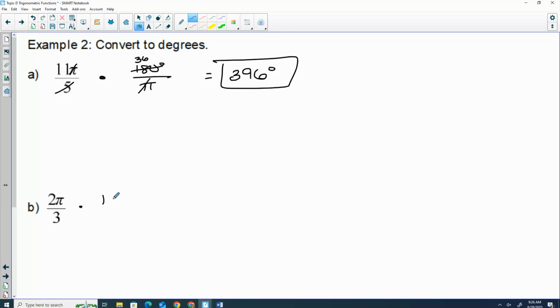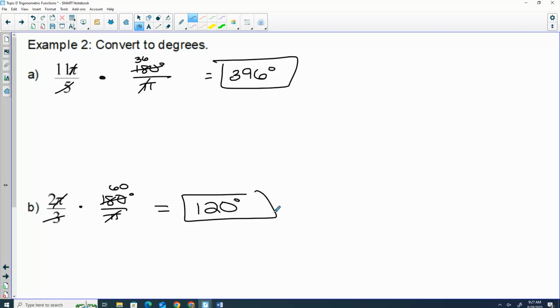If I did 2 pi over 3, multiply by 180 over pi. Drop the pi, so 3 goes into 180 60 times 2. So remember, if it's degrees, you need to put a degree symbol on it. So we can go back and forth between degrees and radians.